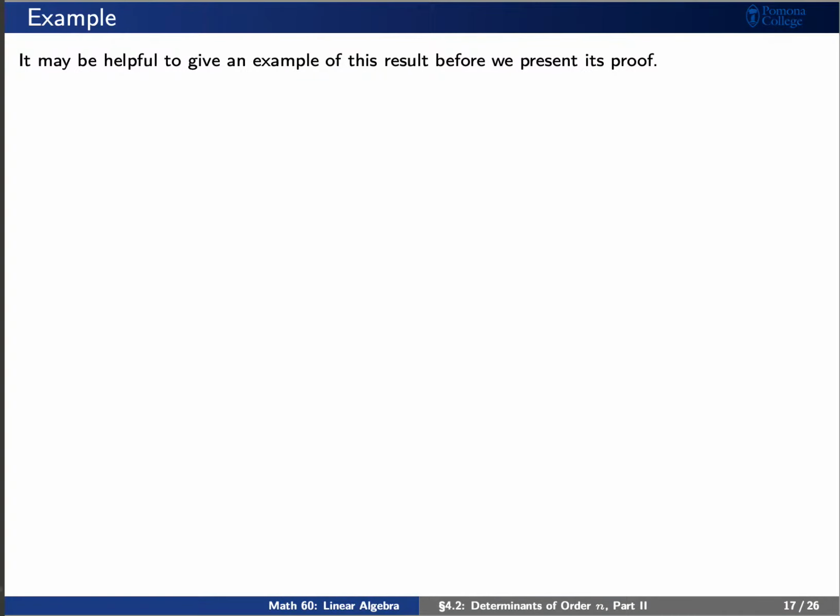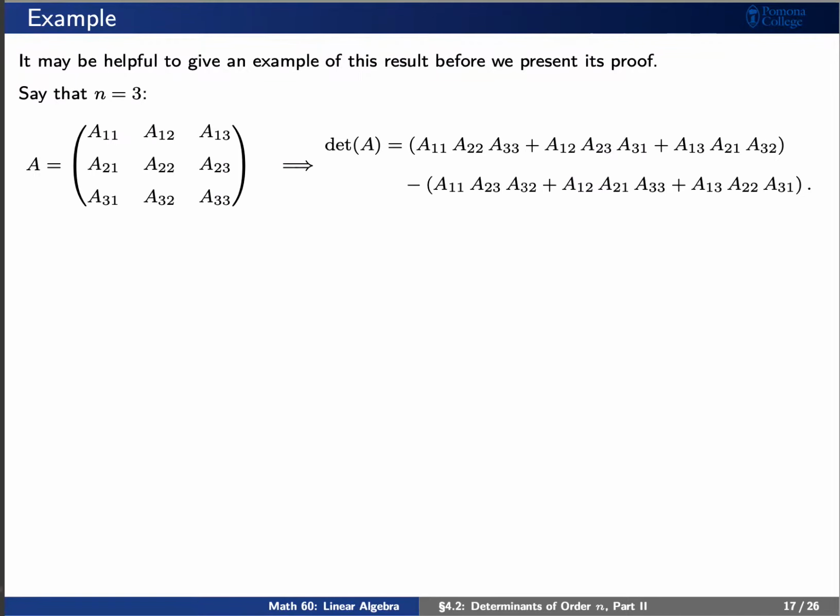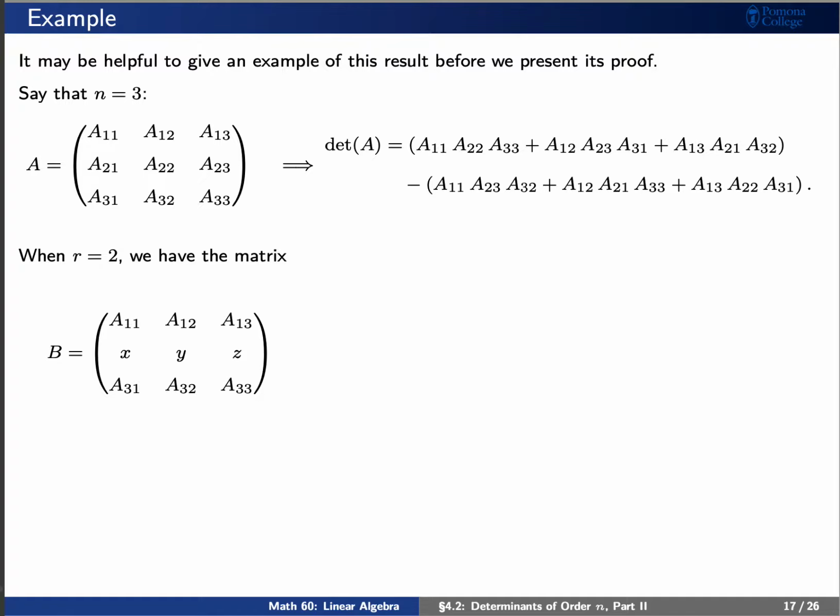Before we continue, let's give an example of this to explain a little bit more what's happening. Let's take a look at the case when n is equal to 3, so that we have now a 3 by 3 determinant. In the case where r is equal to 2, we'll have the following matrix B. Here we've replaced the second row of B with the vector (x, y, z).